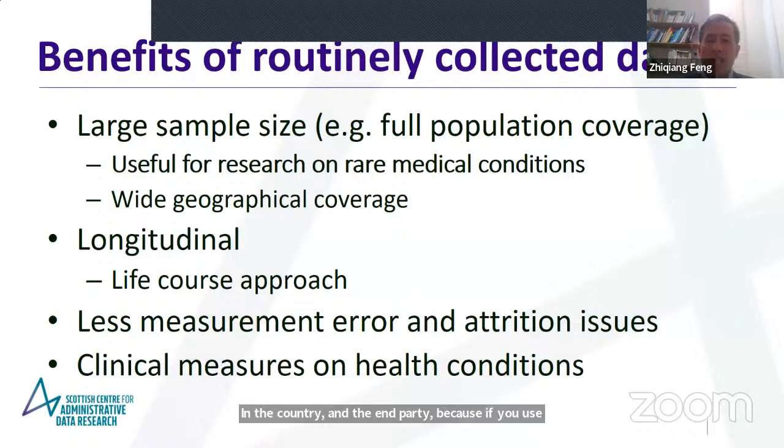And this is important because you can use the large data for any research on potentially rare medical conditions, for any small social groups, for example, some minority groups. And also, this is important for geographical or environmental research of health, because we would be able to concentrate on some small local areas because of the large data set.